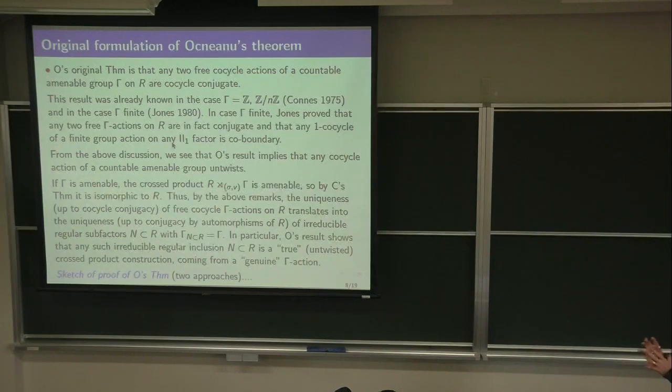You fix some model that you think you can recover inside R, and prove that your action is basically that model action. That's also the strategy that Ornstein used when he proved his famous theorem about two Bernoulli automorphisms having the same entropy being conjugate.